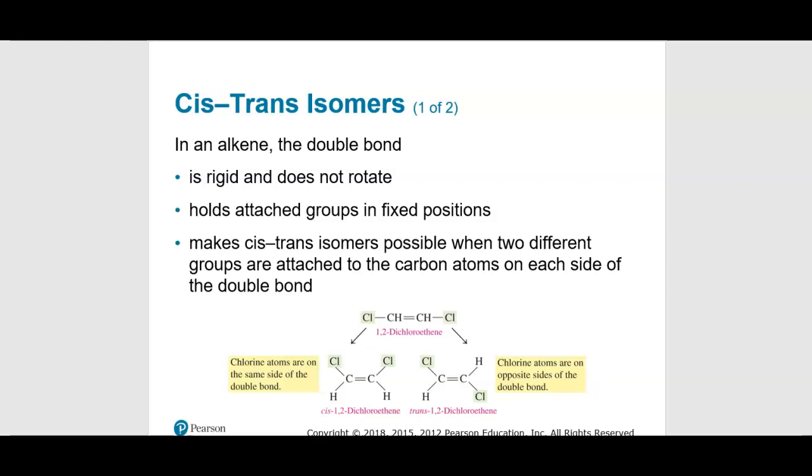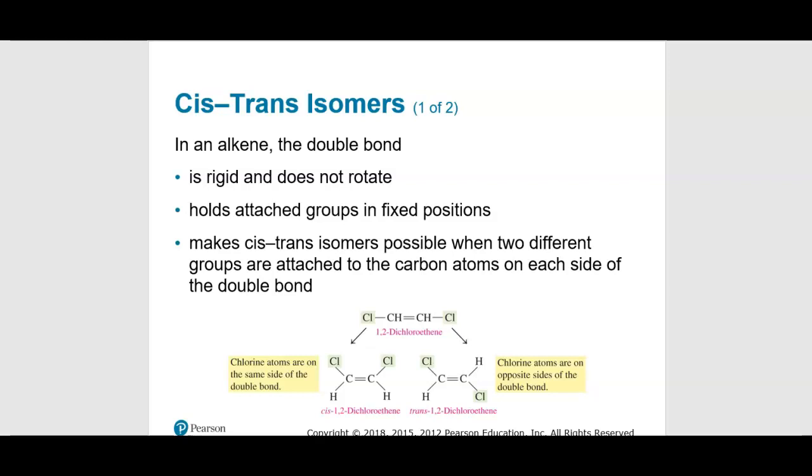And since you have that restricted, hindered rotation, you can arrange the chlorines on the same side of the double bond, or on opposite sides of the double bond, with the hydrogens on opposite sides. When they're on the same side, it's cis-1,2-dichloroethene. When they're on opposite sides, it's trans-1,2-dichloroethene. So that's all there is to cis-trans isomerism.